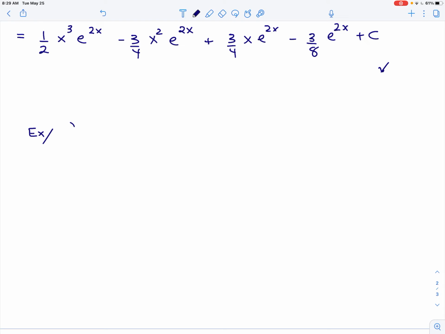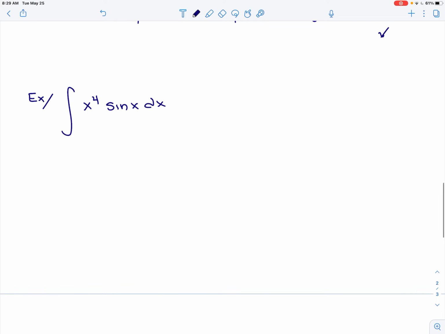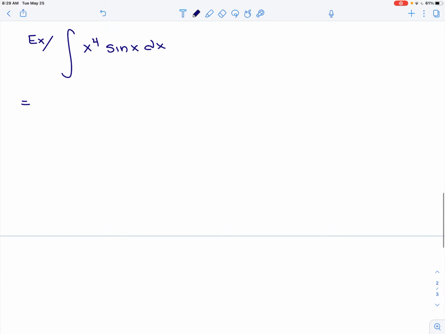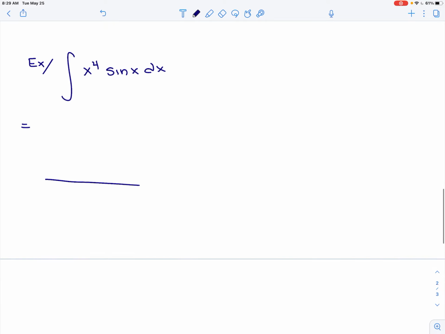Okay, so example. So x to the fourth sine x dx. So this is a good tabular method. I'm just going to leave a space so we can answer the question here, and then we'll put the tabular method below.